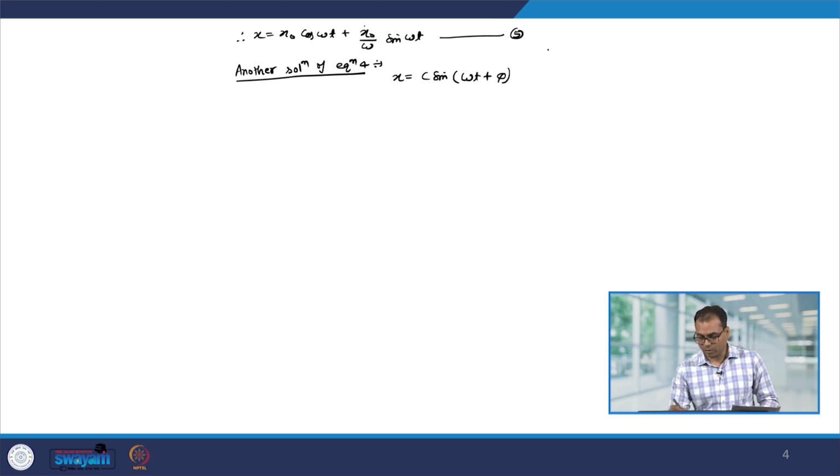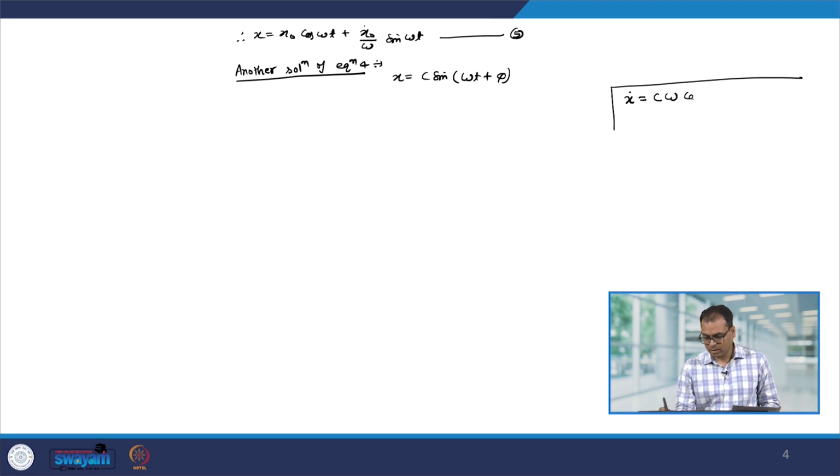Okay. Let us find out what is x dot in this case. So, x dot will be c omega cos omega t plus phi, and x double dot will be minus c omega square sin omega t plus phi, and this I can write down as x double dot equal to minus omega square x.